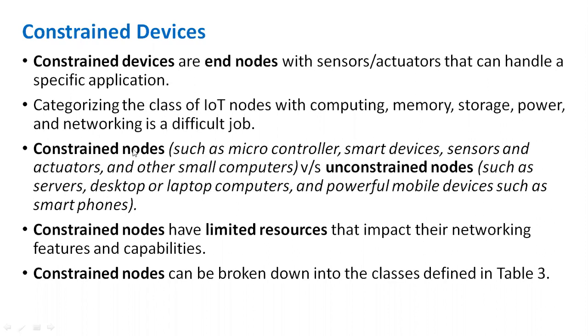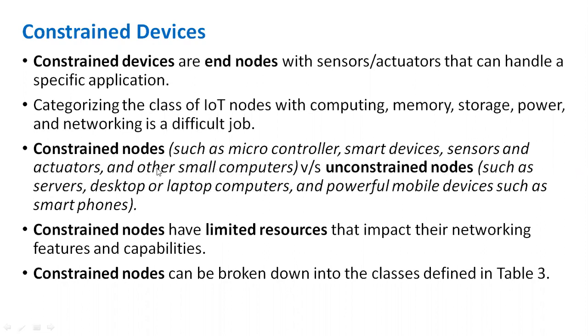Okay, so constrained nodes versus unconstrained nodes. Whatever devices we are using in our IoT networks can be divided into constrained nodes and unconstrained nodes. Constrained nodes, for example, are microcontrollers, smart devices, sensors and actuators, and other small computers. See the words here, small computers.